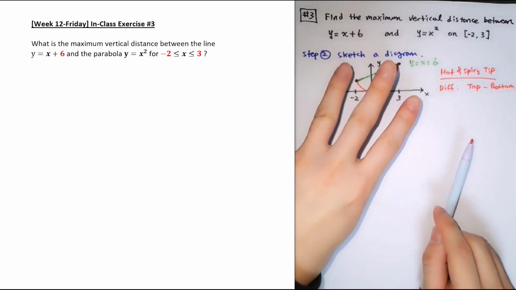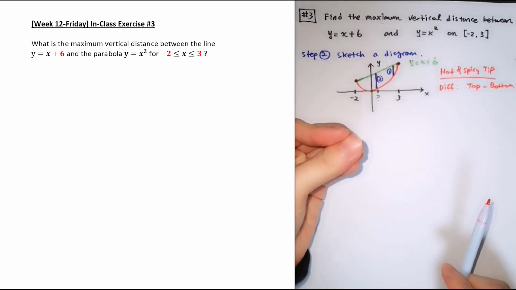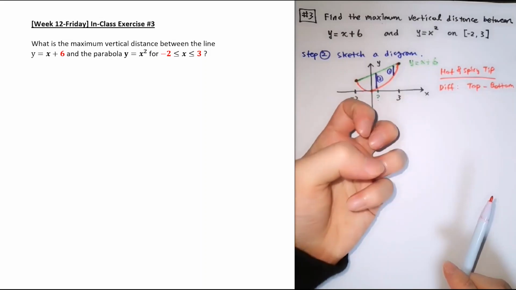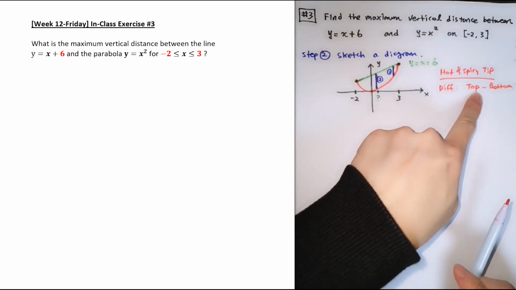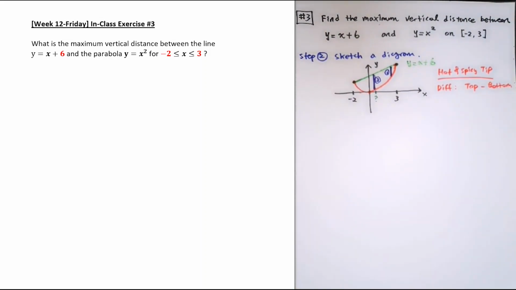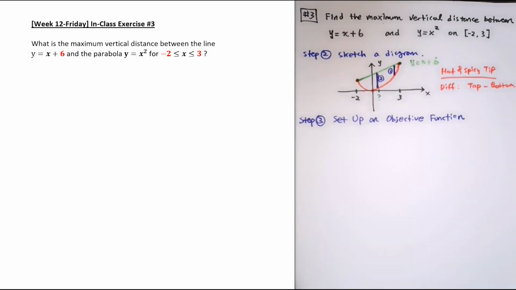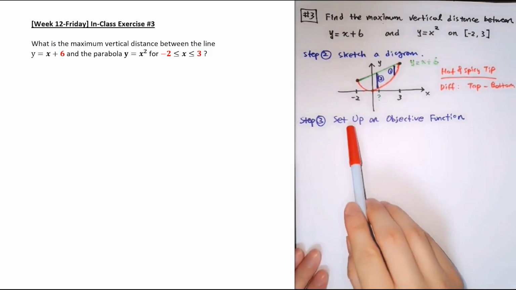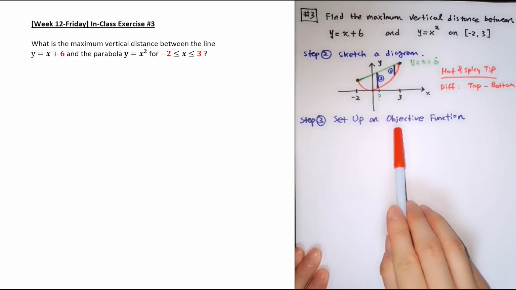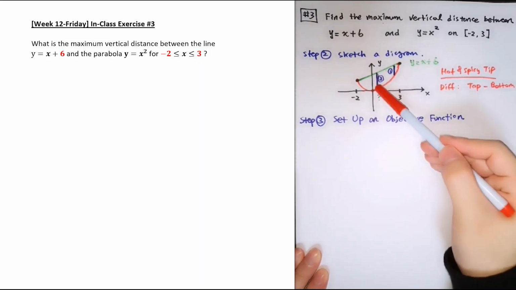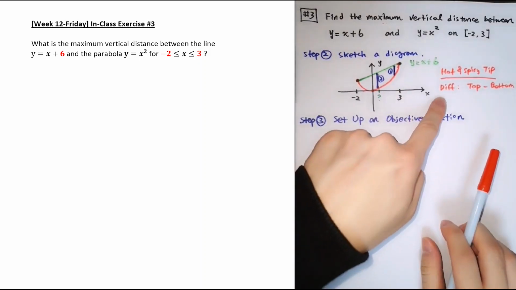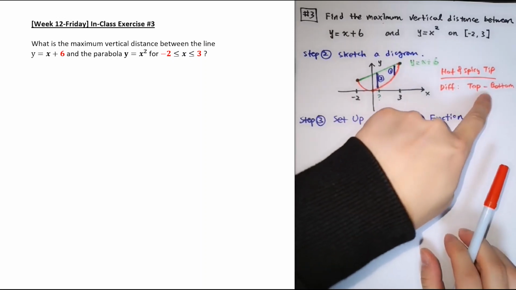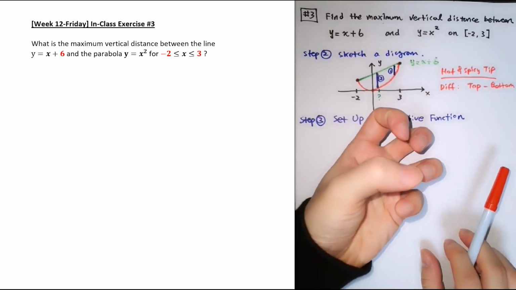Step 3 is to find out an objective function for this one. The objective function is top minus bottom. Stay tuned. Step 3, we need to find an objective function which we need to maximize. Here's the hot and spicy tip. Top minus bottom is the function that we're going to maximize.